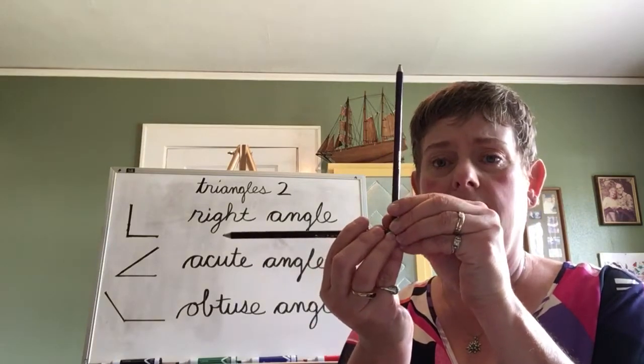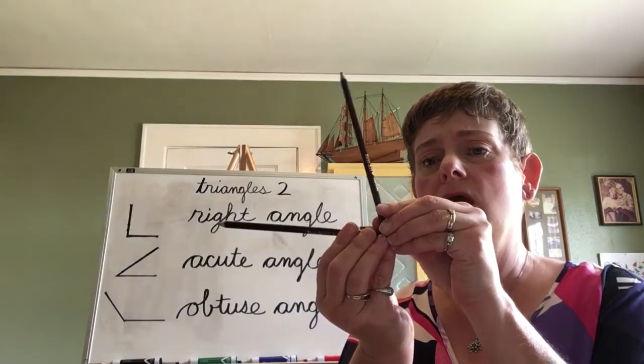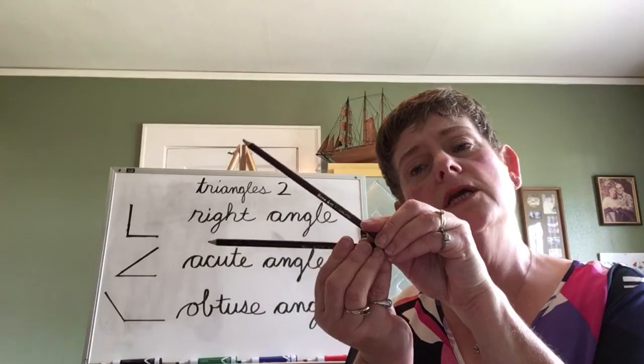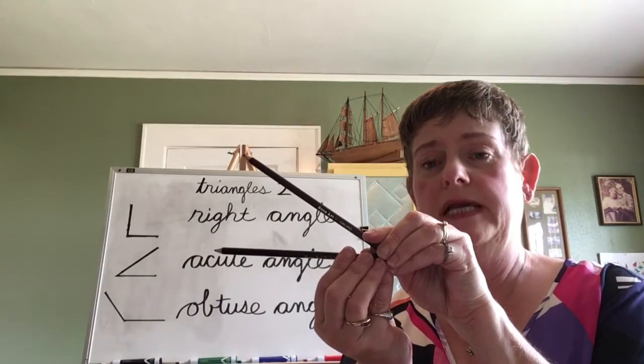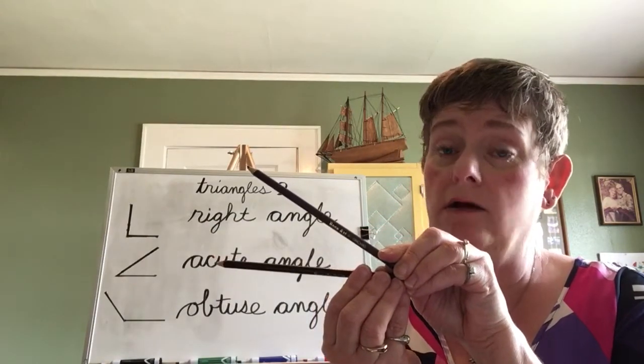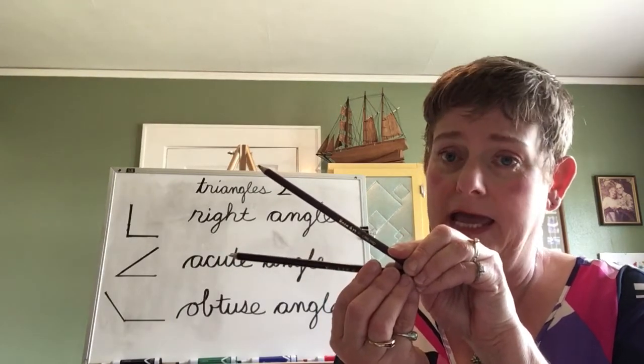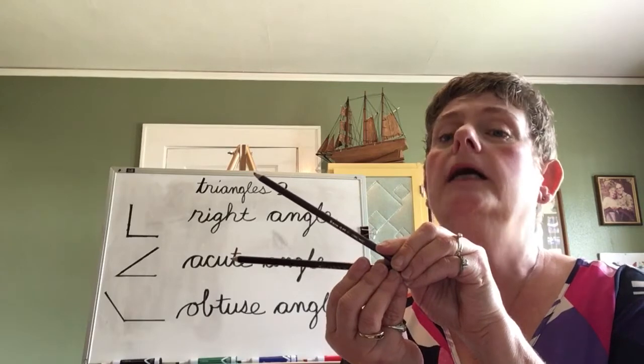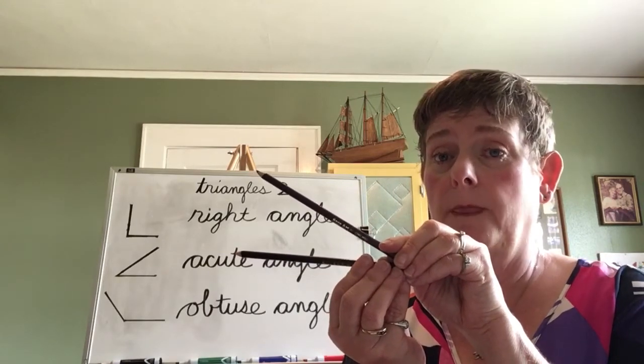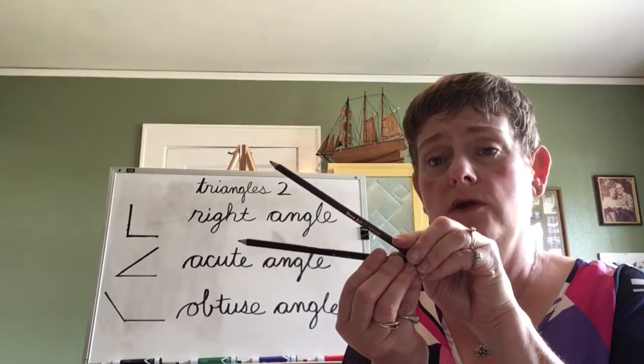So we start with a right angle and then we're going to make it narrower. Oh, now it's an acute angle. It's not a cute angle. It's not an adorable angle. It's not a darling angle.